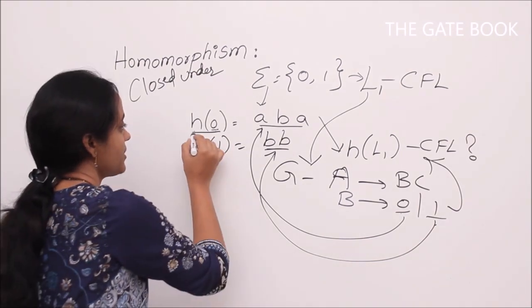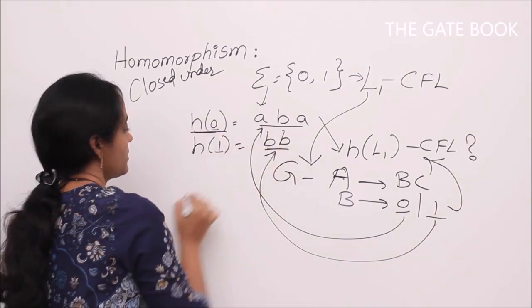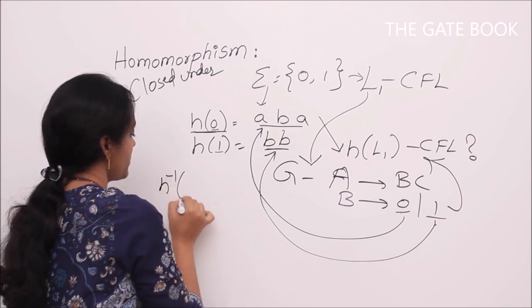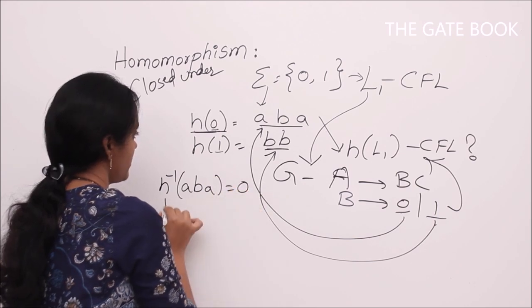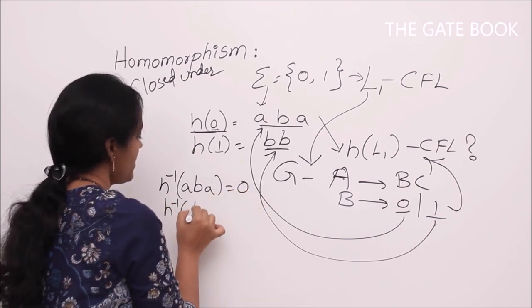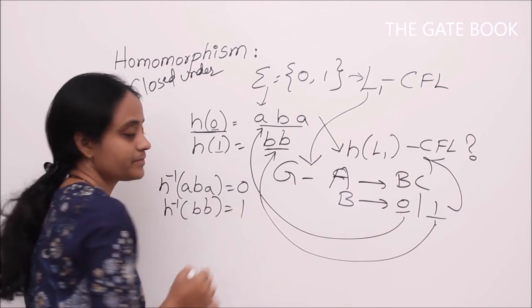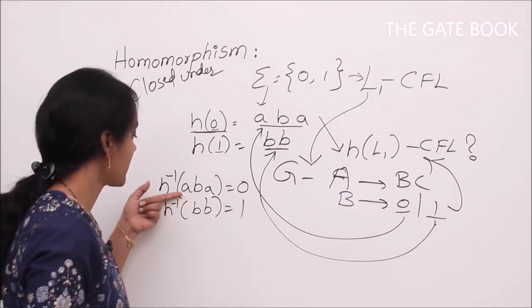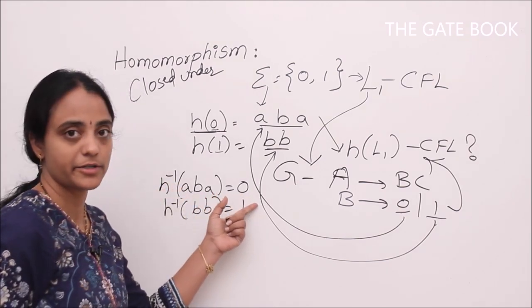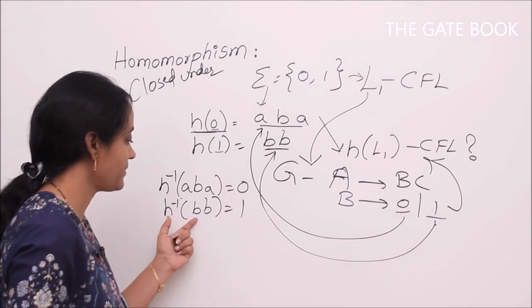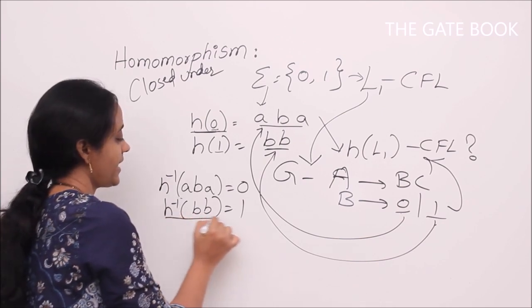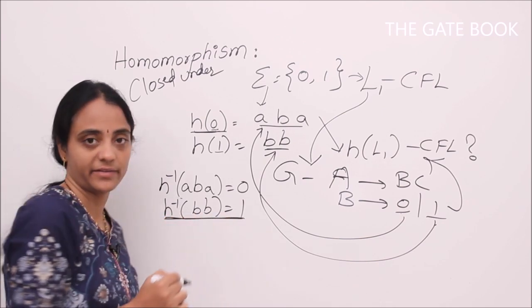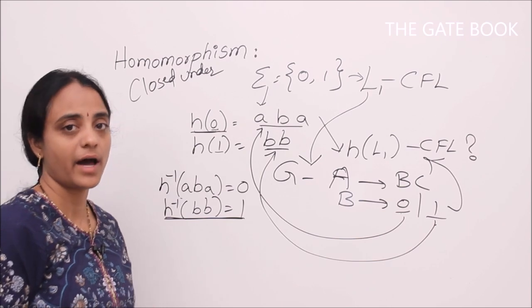Inverse homomorphism also is similar. Suppose now I define inverse homomorphism like this. Whenever there is an ABA, replace it with 0. Whenever there is BB, replace it with 1. So if I find the ABA string, it should be replaced with 0, and if I find the BB string, it should be replaced with 1. So I can again prove that it's a context free language either by using a grammar or by a PDA.